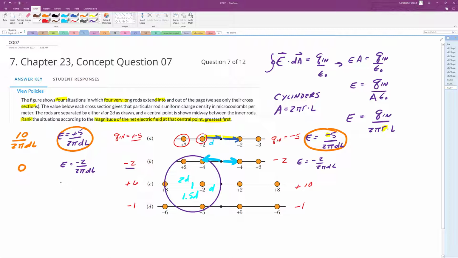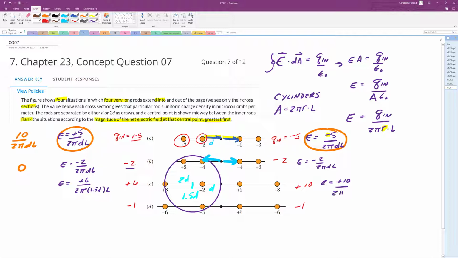Okay, so for the left side of situation C, I have the electric field equals the enclosed charge, and the enclosed charge is that plus 6 all over 2 pi times the radius of that imaginary Gaussian cylindrical surface, or 1.5D times L. On the right side, I have E equals, and the total amount of enclosed charge is plus 10 all over the same cylindrical surface, same imaginary Gaussian cylindrical surface.